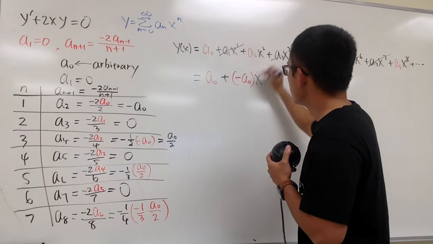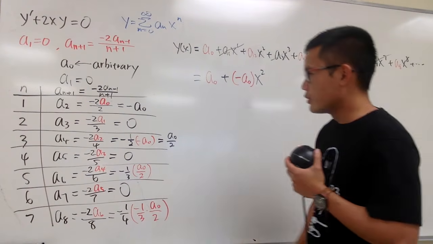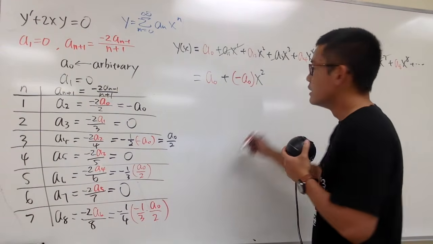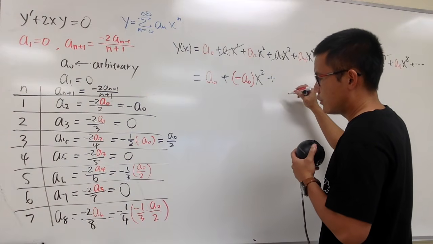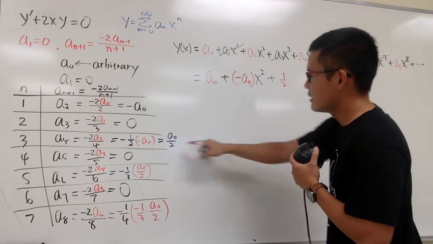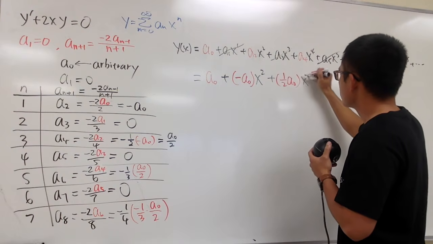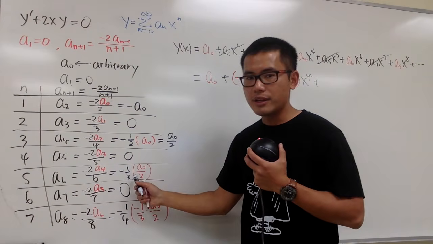And then we multiply this with x squared, right? And a4 is going to be right here, which is 1/2 a0. So let me put down plus 1/2 a0, and then x to the 4th power. And then next, a6, which is this right here, right?